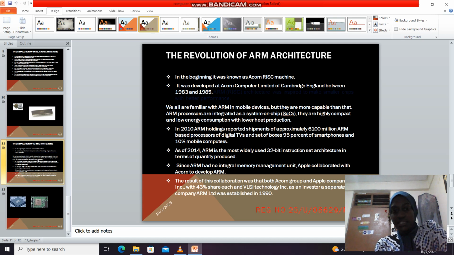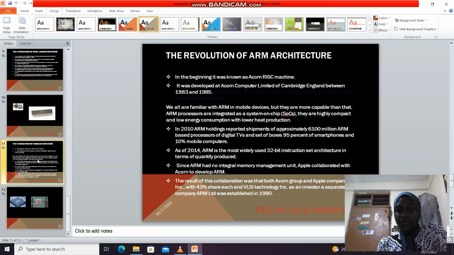In 2010, ARM Holdings reported shipments of approximately 6,100 million ARM-based processors, in digital TVs and set-top boxes, 95% of smartphones, and 10% of mobile computers. As of 2014, ARM is the most widely used 32-bit instruction set architecture in terms of quantity produced.